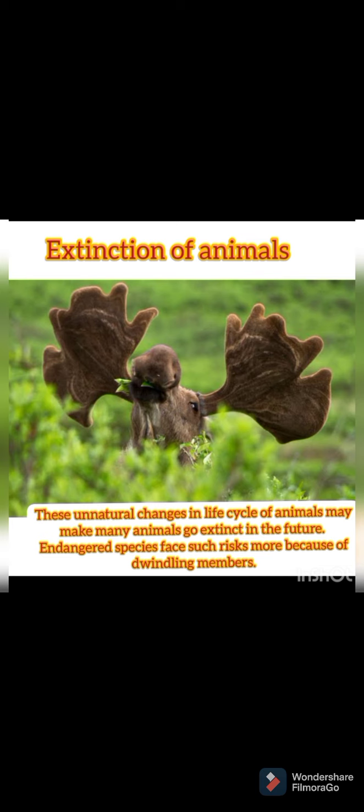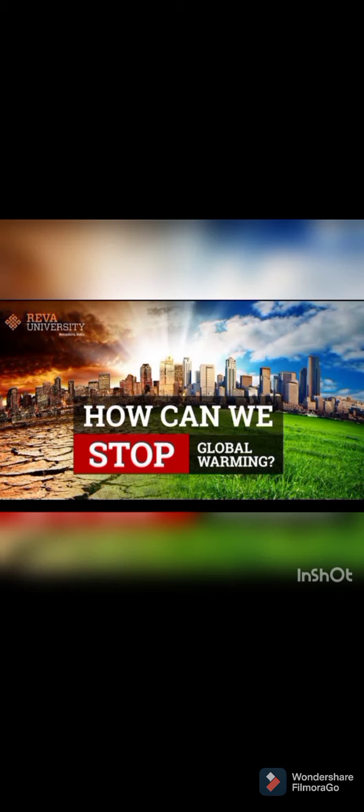These unnatural changes in the life cycle of animals may make many animals go extinct in the future. Endangered species face such risks more because of their dwindling numbers. The future does look pretty bleak if current trends of global warming persist.